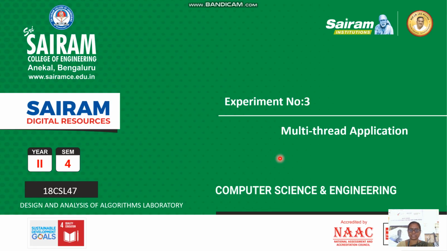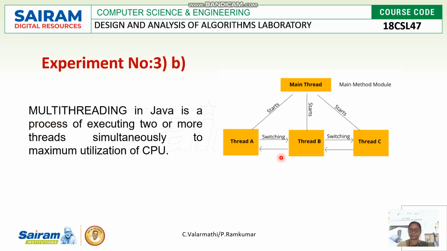In this video, we are going to see the second portion of experiment 3, which involves a multi-threaded application in Java. Multi-threading is one of the advanced features provided in Java.